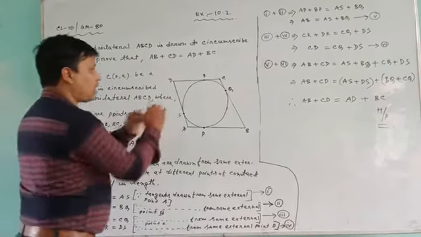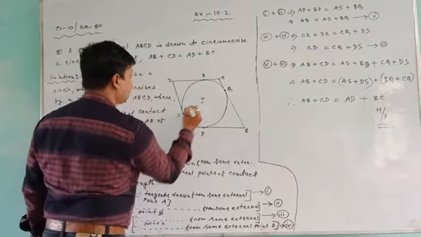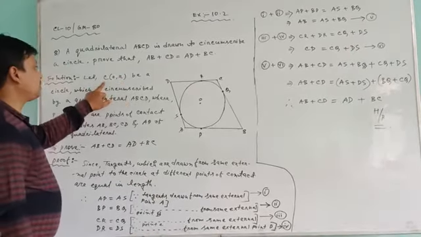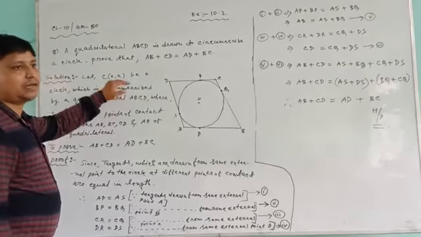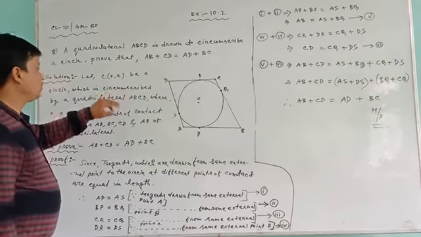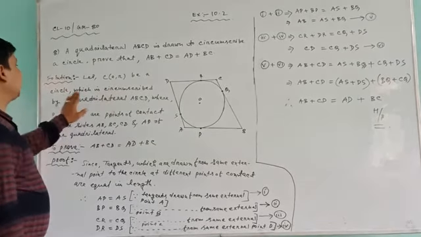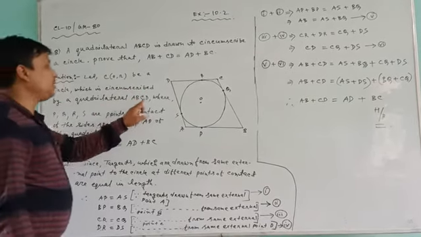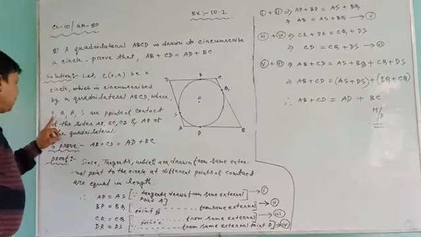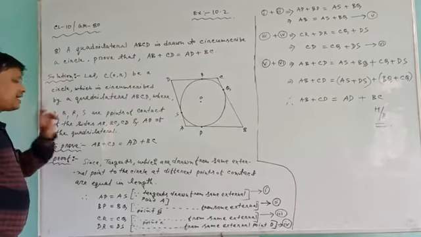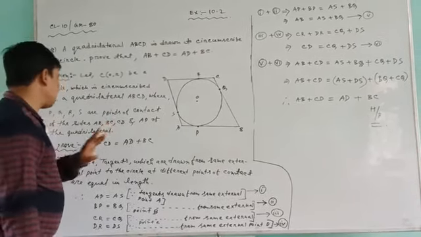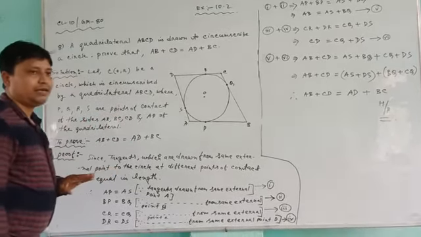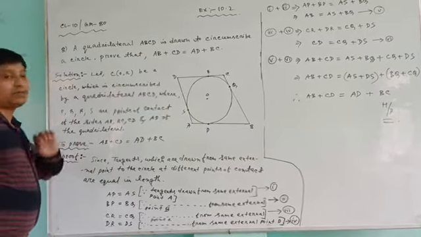Okay. So how the introduction part is written, you just see, already known. Let C(O, r) be a circle, where C means circle, O means center, r means radius. It is the name of the circle. So C(O, r) be a circle which is circumscribed by a quadrilateral ABCD, where P, Q, R, S are the points of contact of the sides AB, BC, CD and AD of the quadrilateral.